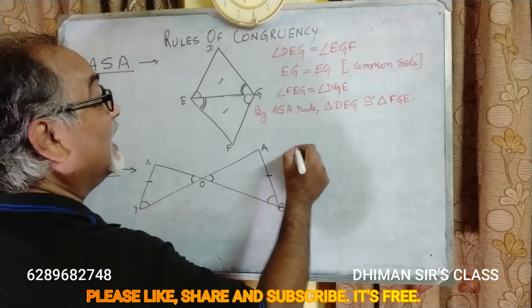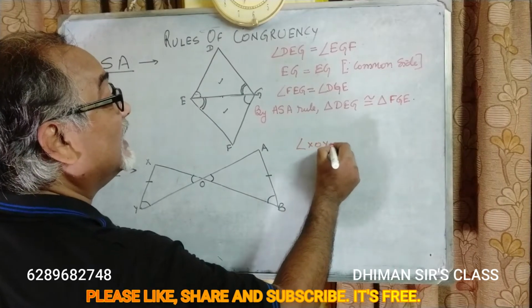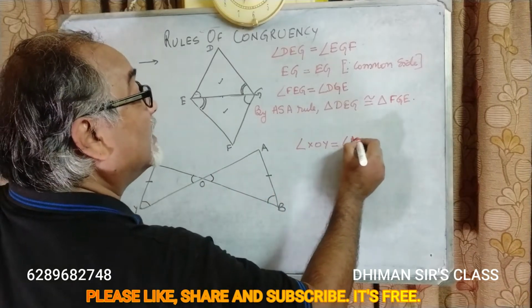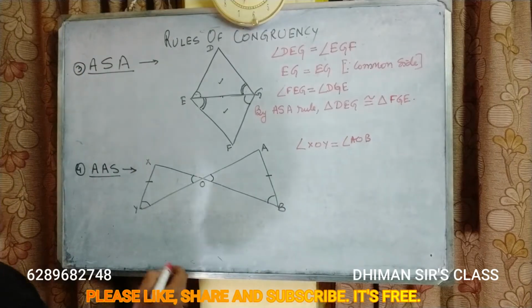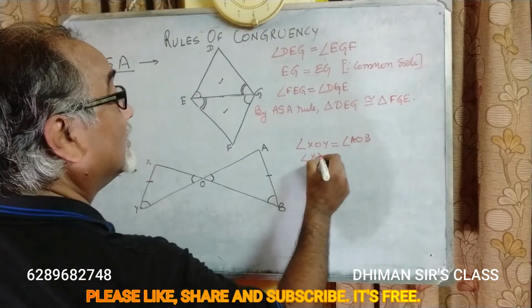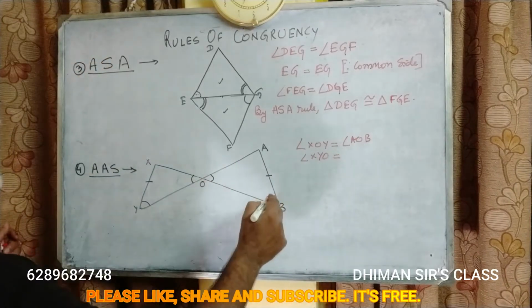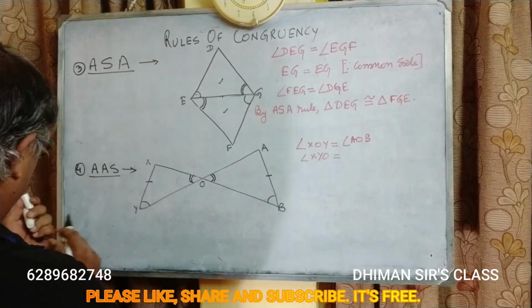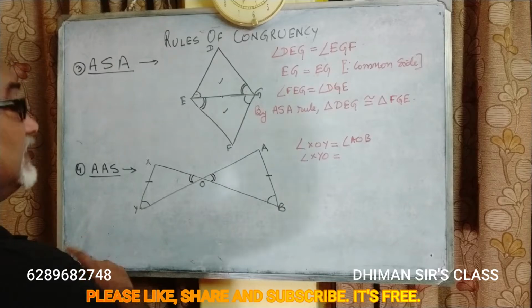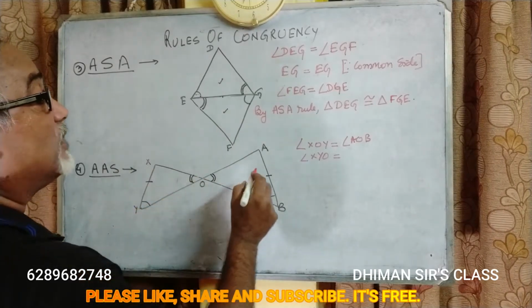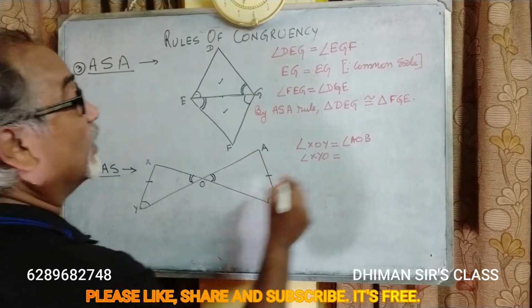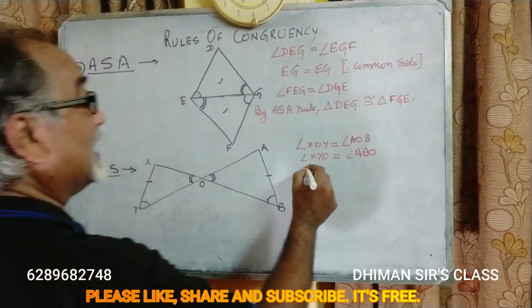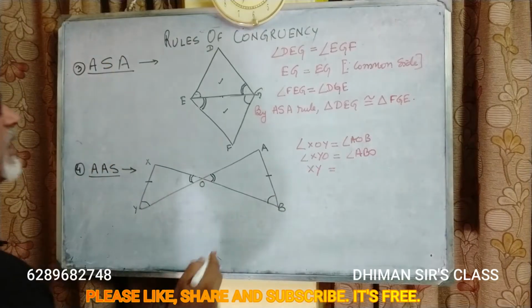Angle XOY is equal to angle AOB, then angle XYO is equal to angle ABO, I forgot to give 2 marks here, and finally XY is equal to AB.